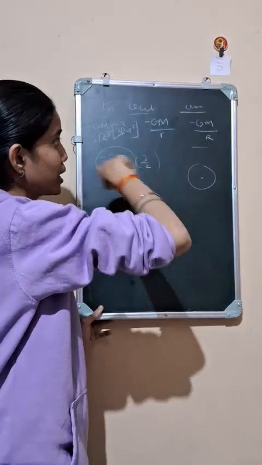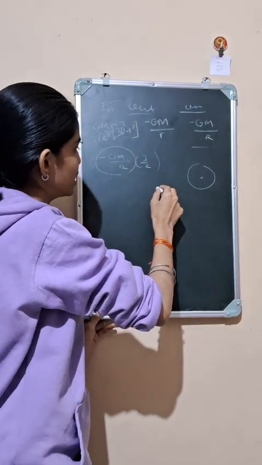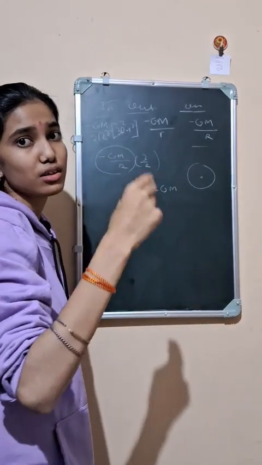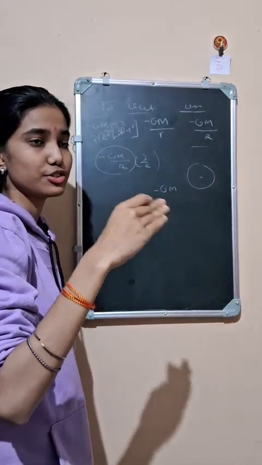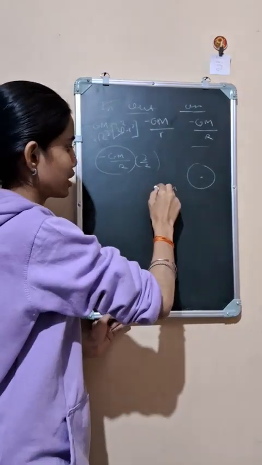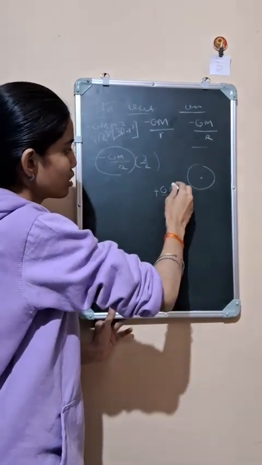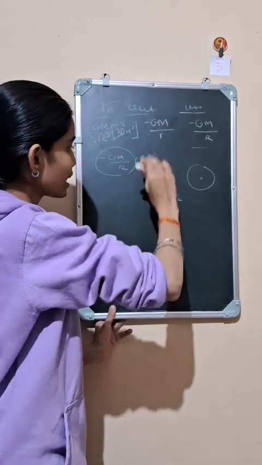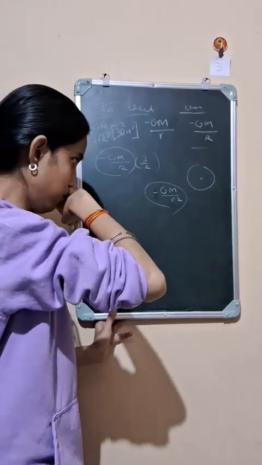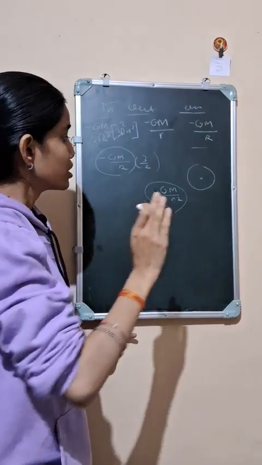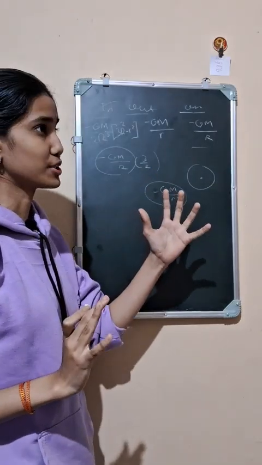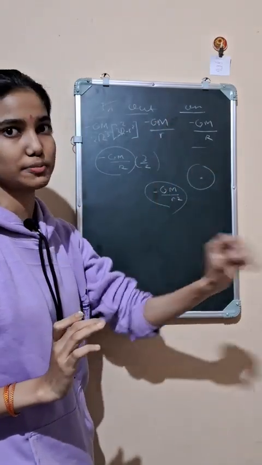So taking the negative gradient of this thing, I will get minus GM r to the power minus 1, and if I take the differentiation, I will get a negative sign in front of it, something like minus GM by r square, and the negative gradient will give you a negative sign. This is the field due to a solid sphere at a point outside the sphere.